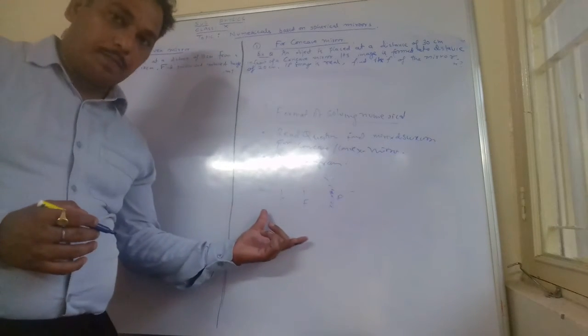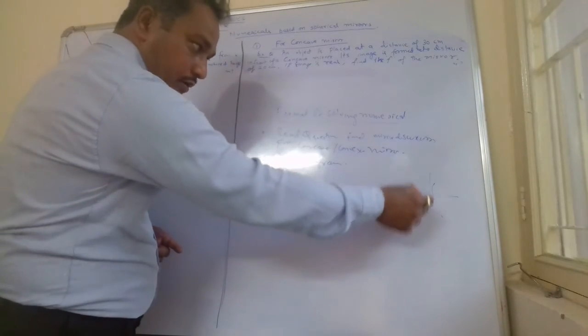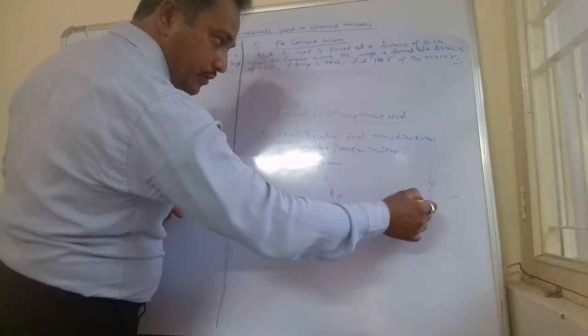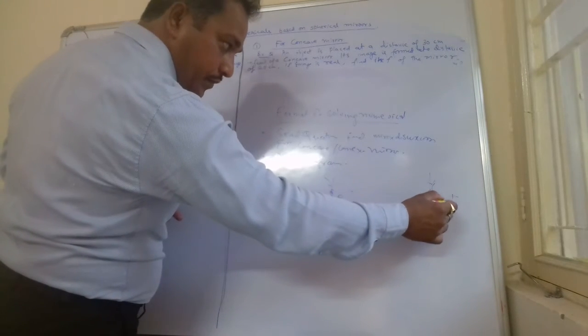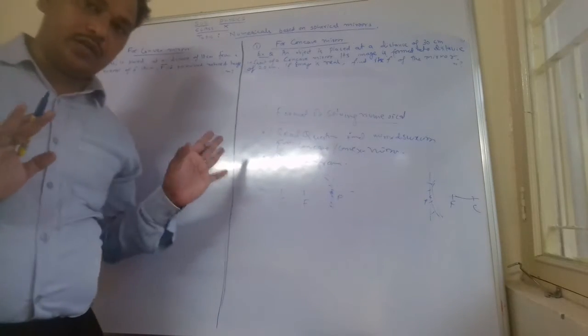Similarly, for the convex mirror, you are aware of how to draw the diagram. Immediately you will draw that and label it with P, F and C. You have to be ready with this much.